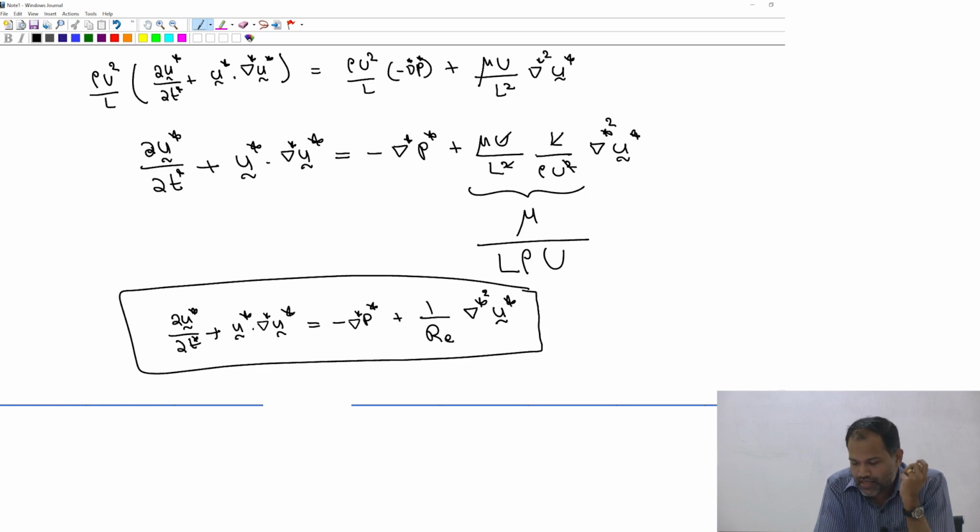I'm just saying that we have really non-dimensionalized our governing equation. When we non-dimensionalized the continuity equation, it did not give you any non-dimensional parameter. We have non-dimensionalized the momentum conservation equation, and we have ended up with just one non-dimensional parameter, and that parameter is Reynolds number.